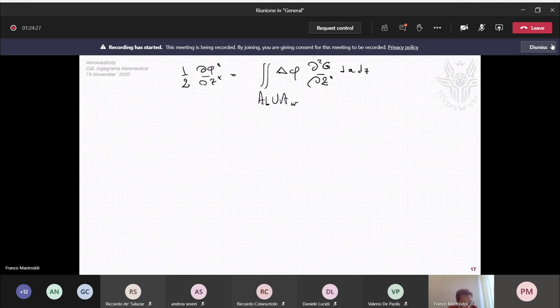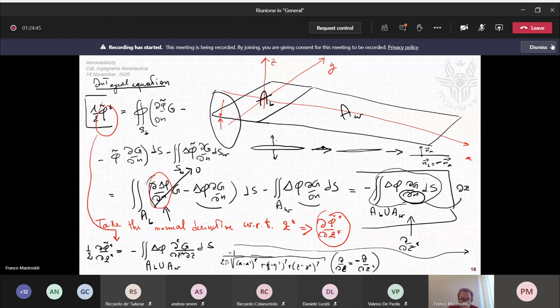To be very, very sharp, I should use a limit here, keeping in mind that I have a limit process, which is the limit process for thickness going smaller, smaller, smaller, up to this limit surface up and down.